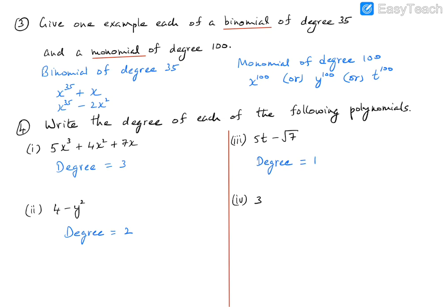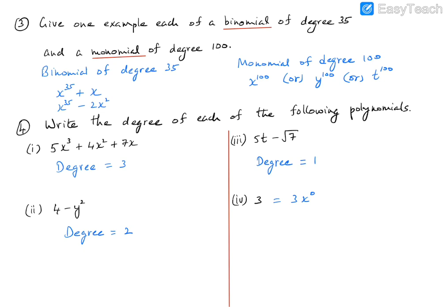And finally, for the last one, which is a constant polynomial, it is a non-zero constant polynomial. We can write that as the constant times x power 0, or 3y power 0, or 3t power 0. So that means the power or the exponent of the variable is 0. Therefore the highest power of the polynomial is 0.